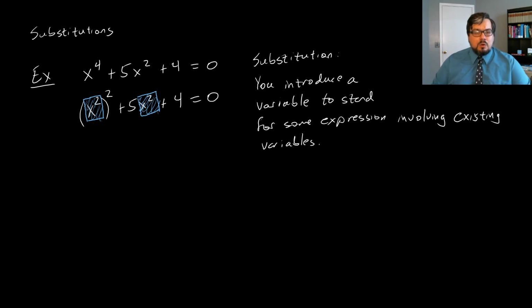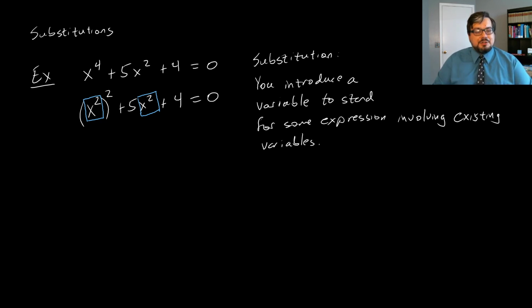Now, we're not going to write it down exactly that way. We're going to write it down in a way that's easier to read, but that's the idea. If we took this x squared and treated it as a single object rather than as the power of something, then we would have that object squared plus 5 times that object plus 4 equals 0. And that behaves like a quadratic equation that we're used to.